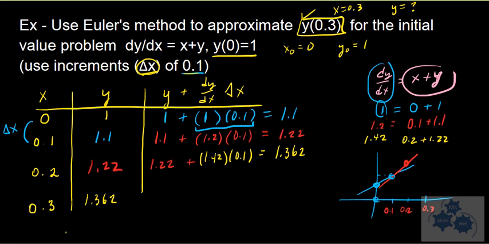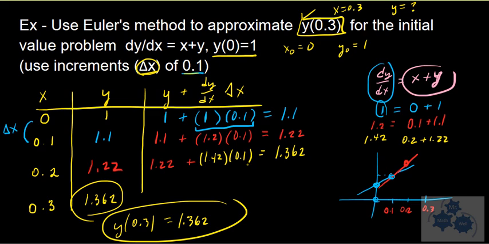Now that's exactly what we were looking at. So this right here is our answer. Y of 0.3, 1.362. That is our answer.